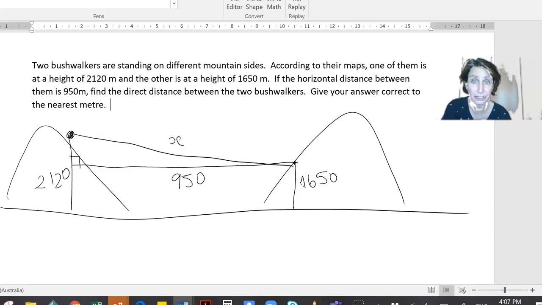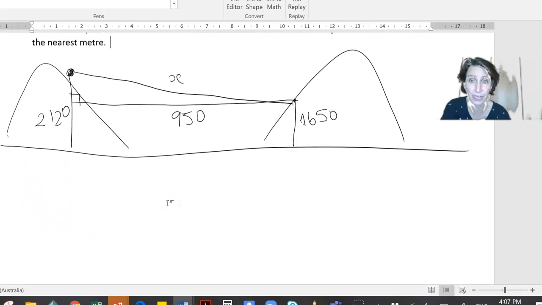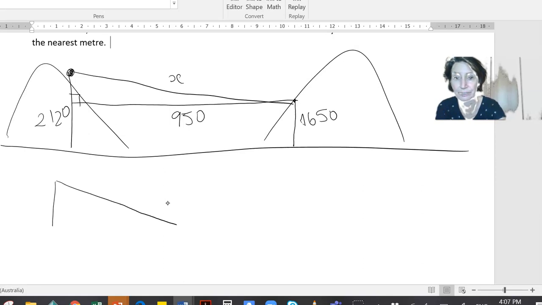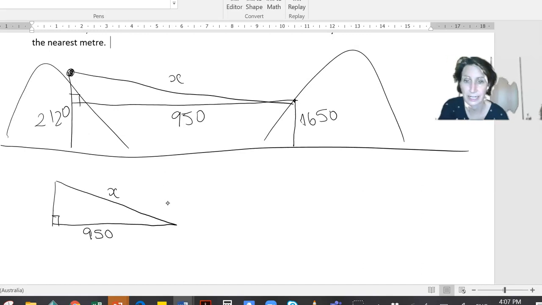Got a lot of information there. We might just get it off our diagram and onto a triangle by itself and see what information we've got and what is missing. So there's our right-angled triangle. There's the 950 meters. There's the x. So what we need to calculate in order to work out this unknown side is what is this third side here?